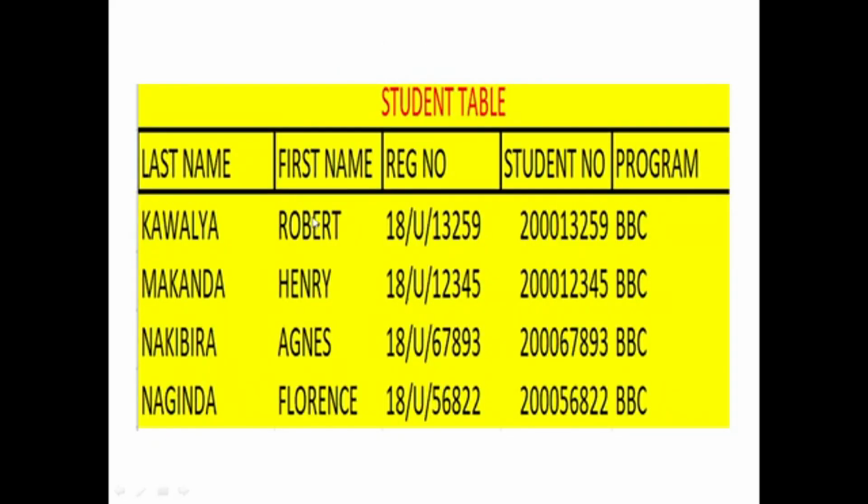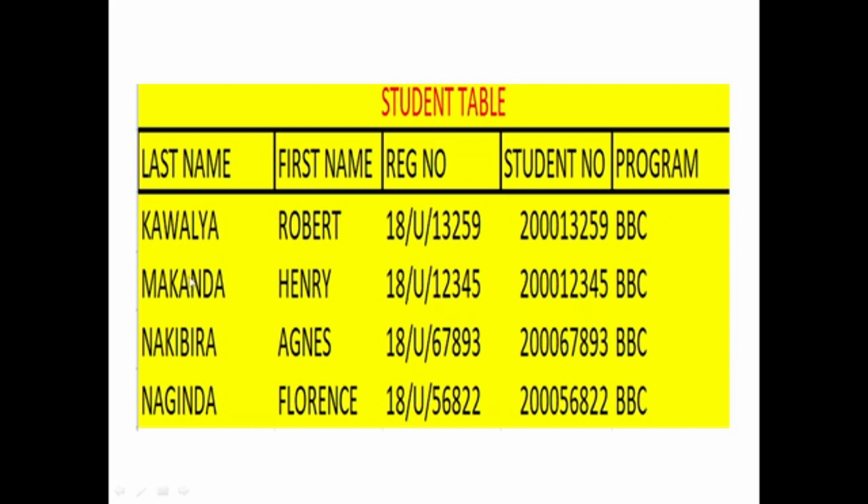So let me explain about null and not null. Someone must be okay. We are interested in knowing the first name, last name, but we are not interested in knowing the program that person is doing. As long as we have the registration number, it doesn't matter. So we can leave this field of program empty or not.